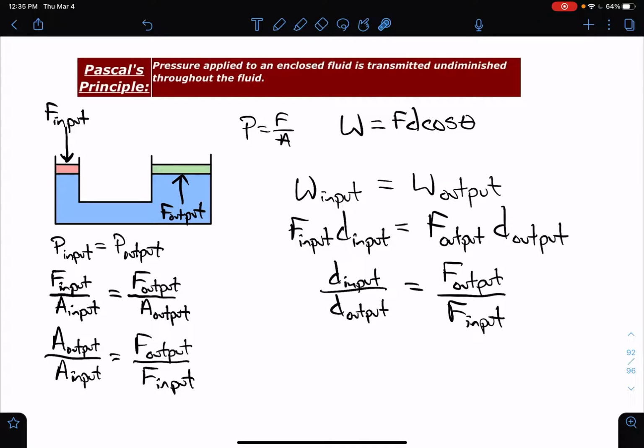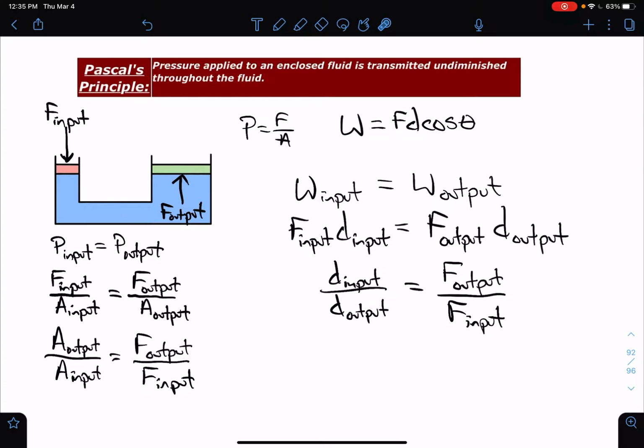As opposed to in our original equation, where they were both in the numerator. So why is that important? Well, that tells me that the output force is quite large, much larger than the input force here, but the output distance, the amount of distance this piston is actually going to move, will actually be smaller than the distance that this piston moves. So that's kind of the trade-off. Yes, we amplify the force, but the piston isn't moving as much.